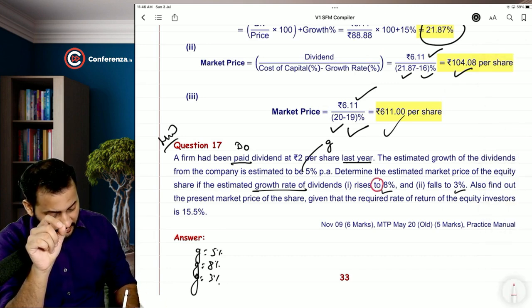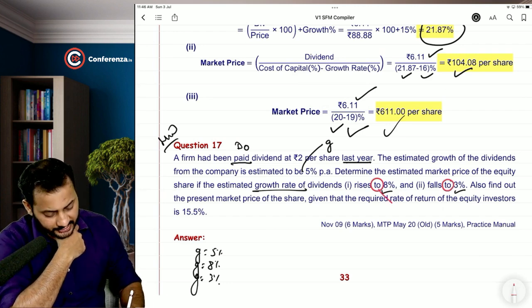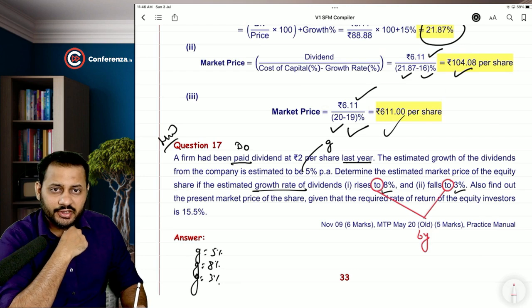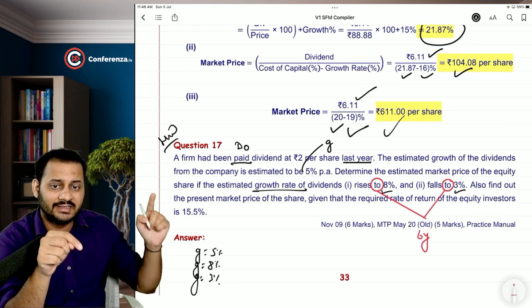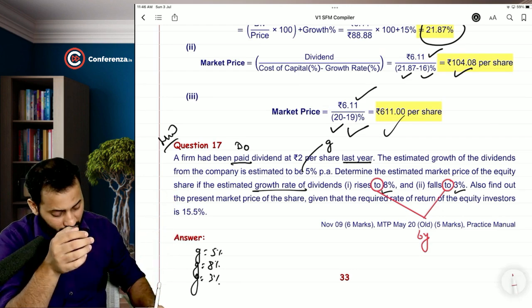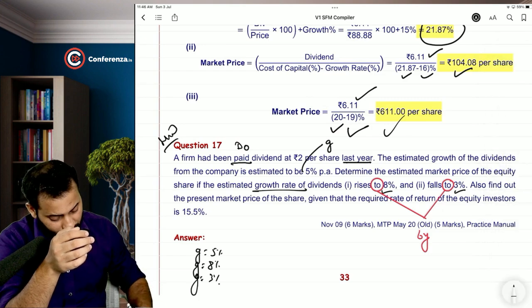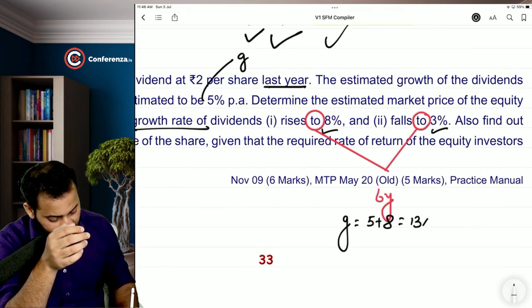Just circle the word "to" here. What they can do is change this word from "to" to "by". So when you say the growth rate was 5% and it is rising by 8%, that means now we are going to add: 5 plus 8 as 13.